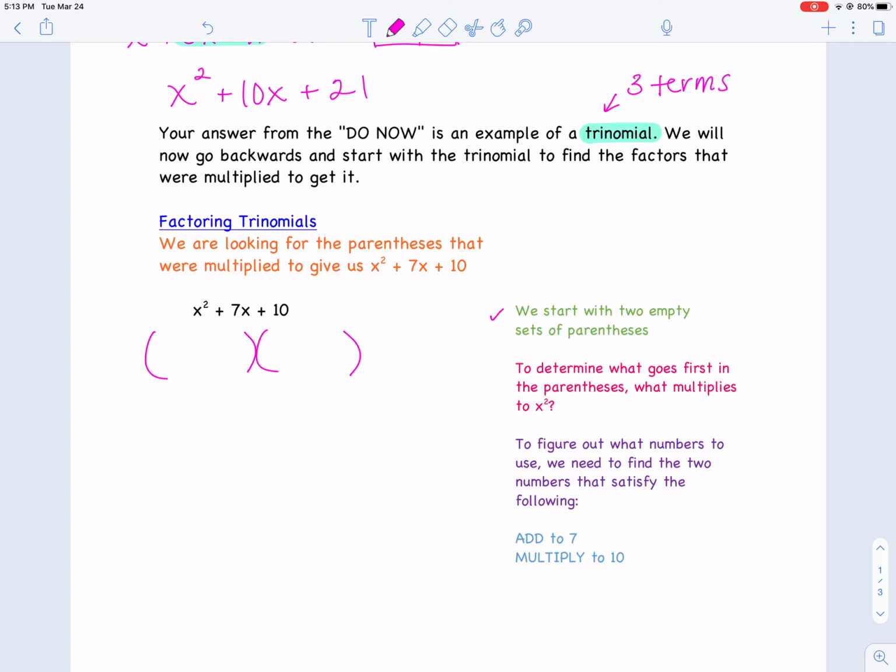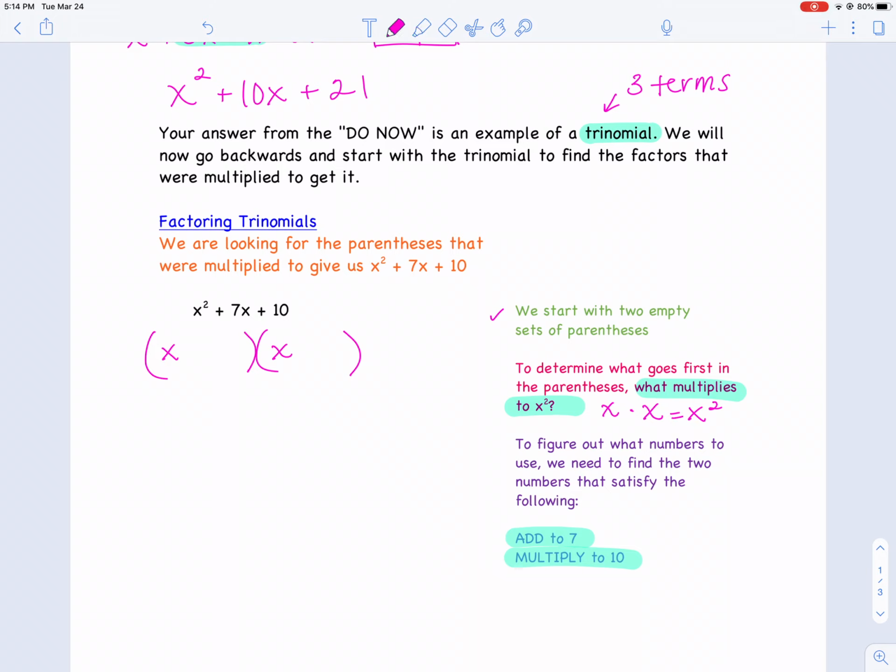Now we ask ourselves, what would go in the beginning of each set of parentheses? We ask what multiplies to x squared. Most of you will know that x times x gives us x squared, and that's why in the front of each parenthesis we put an x. Now, the harder part is the numbers. We're going to figure out what 2 numbers add to 7, that's your middle term, and multiply to 10.